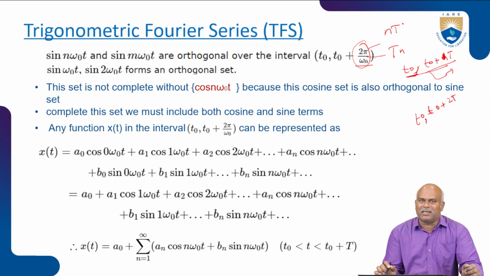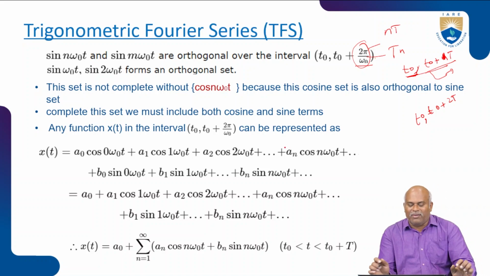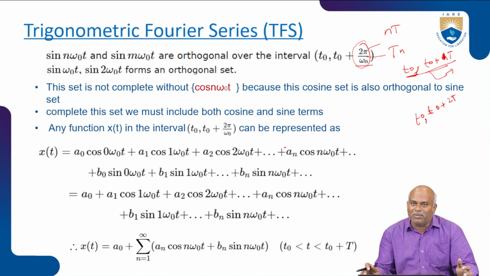This set is not complete without the cos term, because the cos set is also orthogonal to the sin set. So now, both the signals we have taken will be considered orthogonal together.